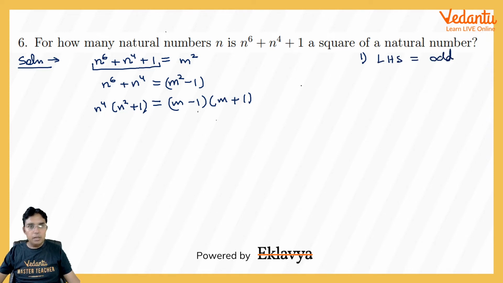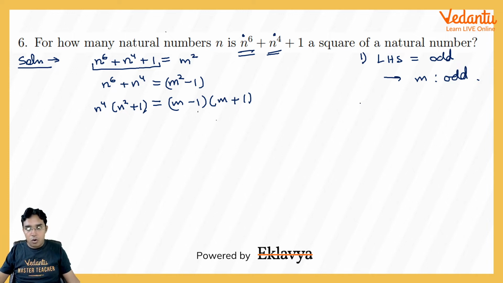Why is it odd? Because if your n is even, then even plus 1 will be odd. And if n is odd, then also odd plus 1 will be odd. So if LHS is odd, my m has to be an odd number. Let us see if it is required in this question or not, but m is odd.